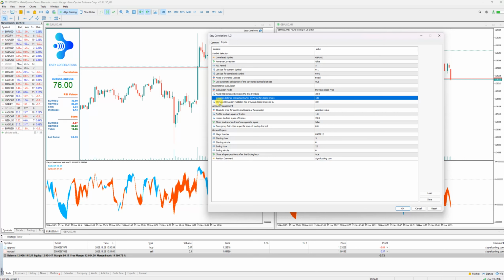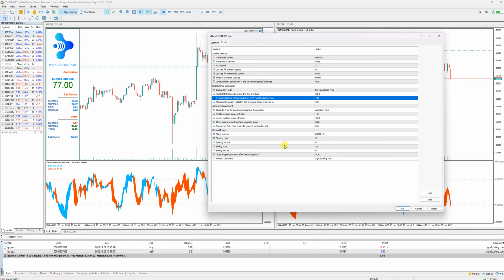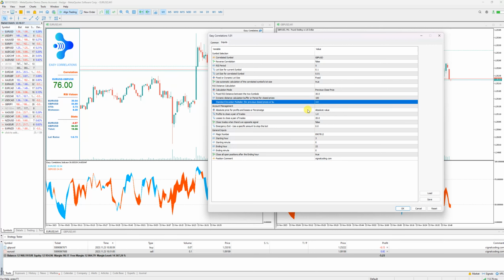After calculating the standard deviation, you need a multiplier for the standard deviation. It's up to you always, but usually we multiply the standard deviation. So if the distance at this moment is 3 times, for example, the standard deviation, and as you see here, the standard deviation was 2.71, and the requested distance is 8.10.